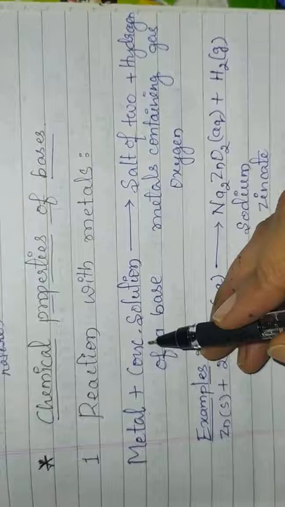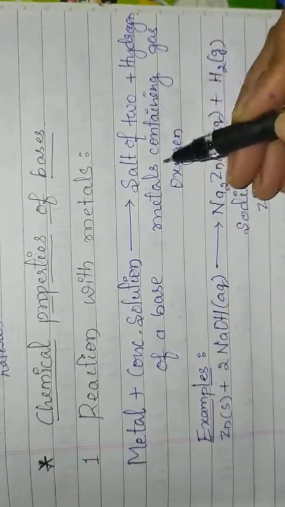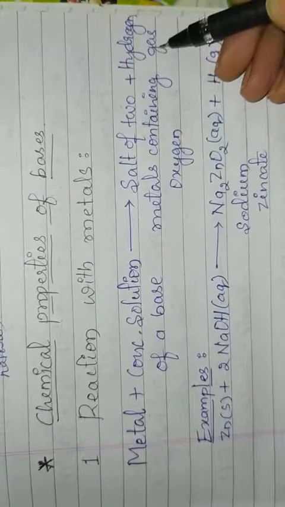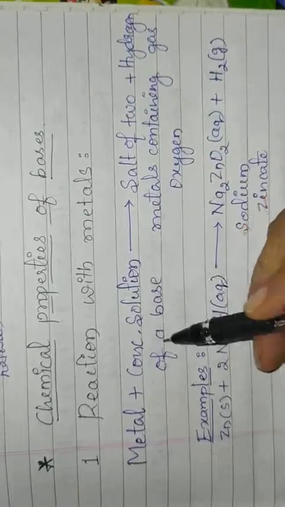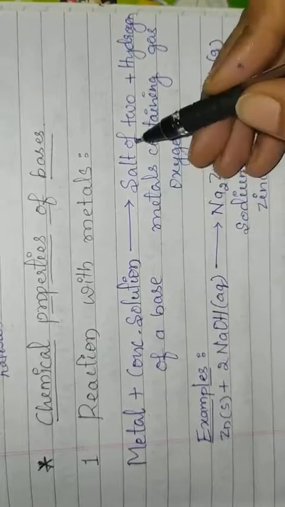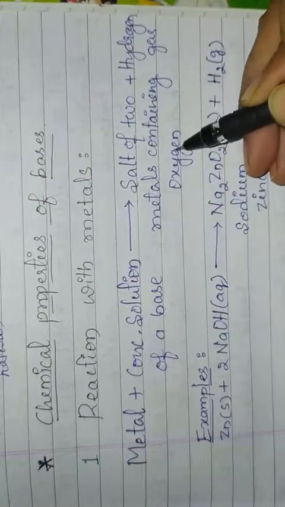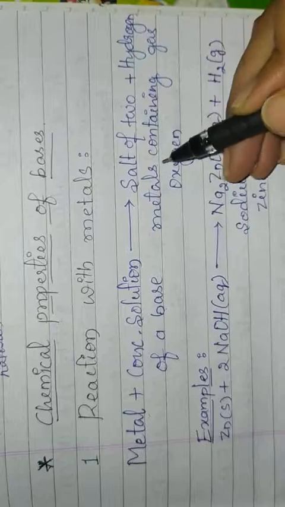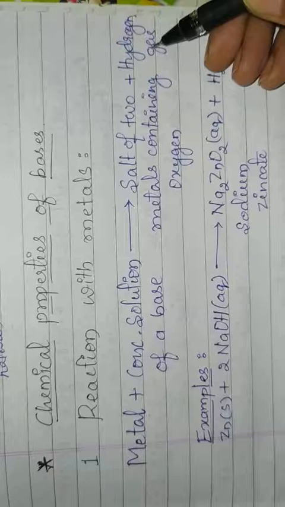Metal reacts with concentrated solution of base to form salt of two metals containing oxygen, and hydrogen gas is released. Here, when metal reacts with the concentrated solution of a base, a salt of two metals containing oxygen is formed. Along with this salt, hydrogen gas is released.